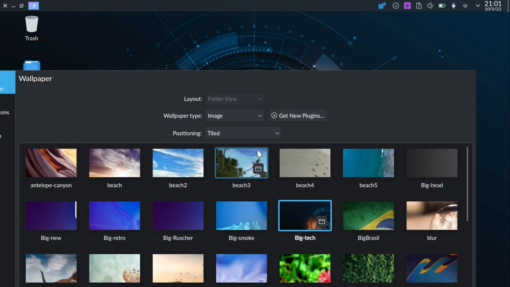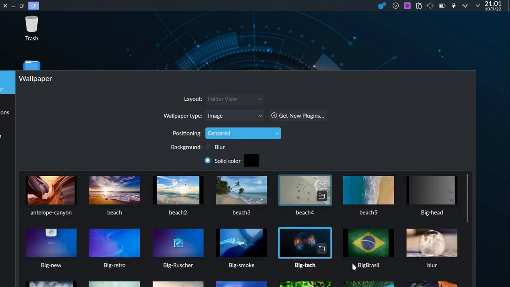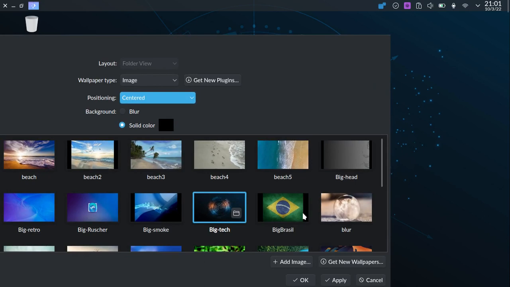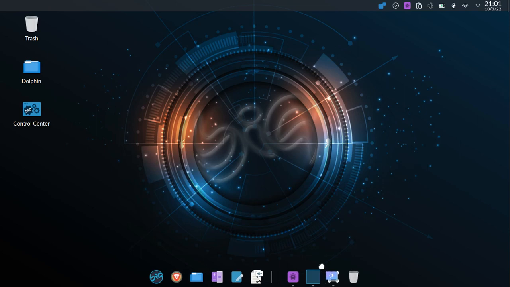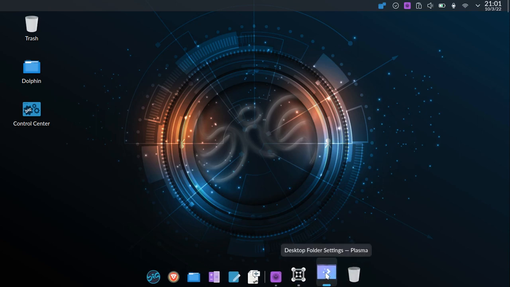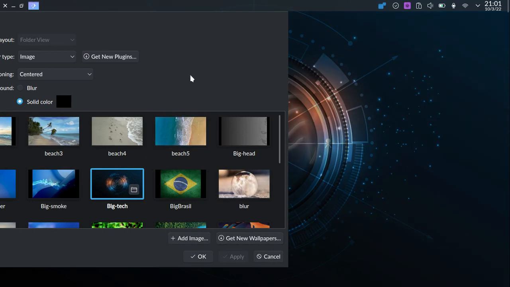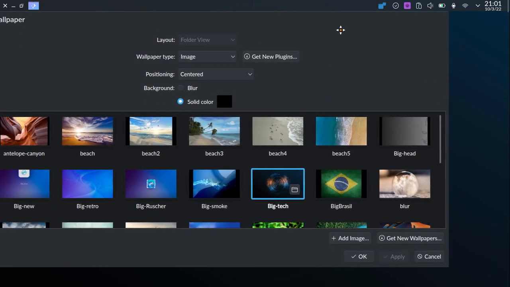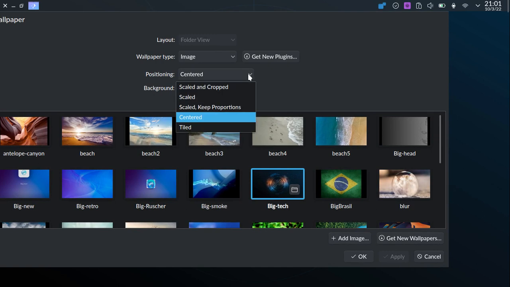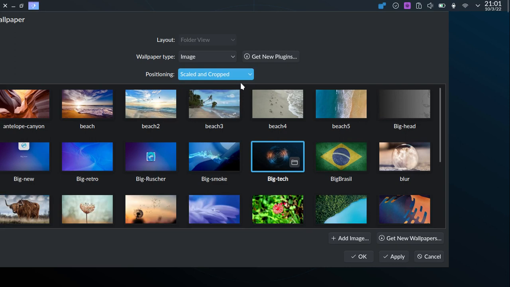Center. Wait, I'm clicking apply. Now it's just okay. It's just centered anyway. Scaled. And then we do jiggle pickles.